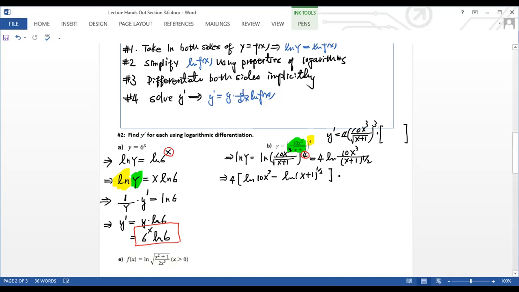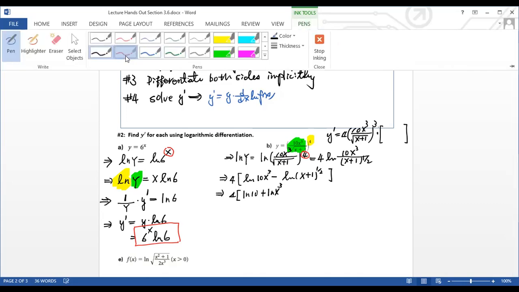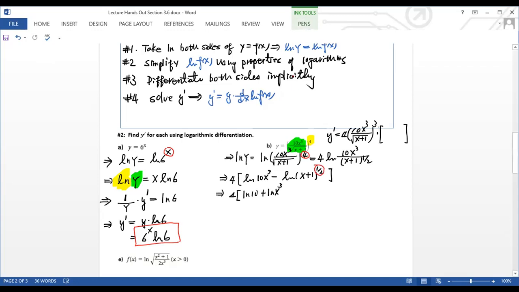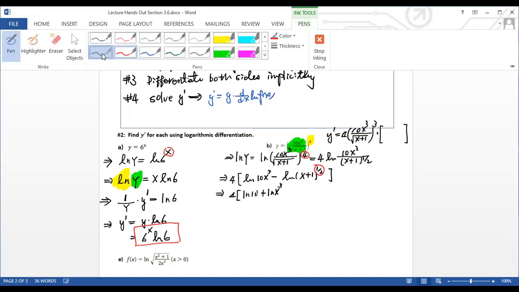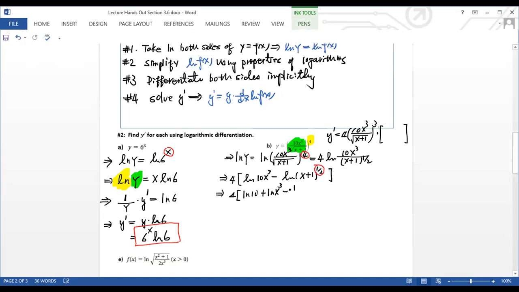Okay, now I can use the log property one more time. The log of a product is log 10 plus log x cubed, right? Then in here, I can move this exponent to the front by the log properties. So this is 1/2 log of x plus 1.